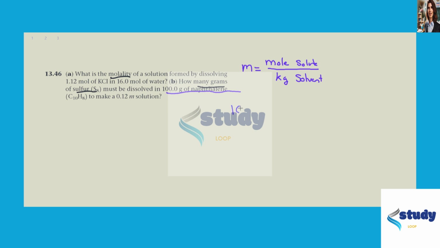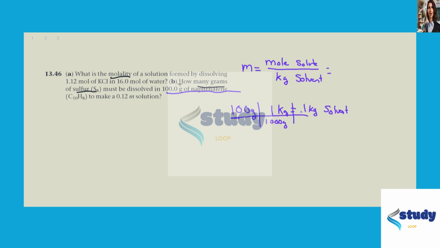Let's just take 100 grams and convert it to kilograms. We're going to divide by 1,000 times 1 kilogram, and that's going to give us 0.1 kilograms of naphthalene. So that's our solvent.